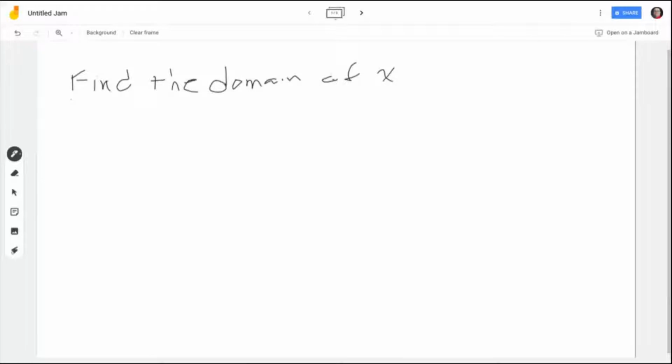The first one that we're going to look at is 5 over x minus 2.